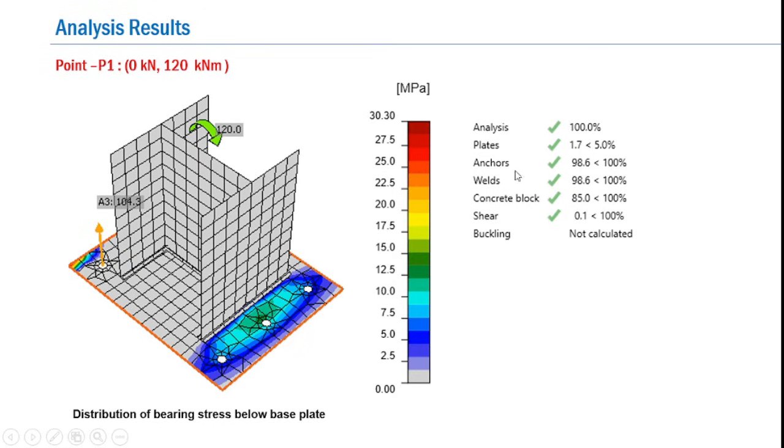Here again we find that the anchors are the governing criterion, utilized to 98.6%. Obviously this is less than 100%. And here again we find that the concrete block is also critical, with a utility ratio of 0.85. Now this is the distribution of the bearing stress below the base plate for P1.